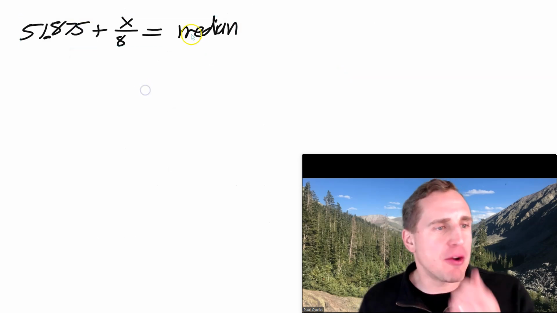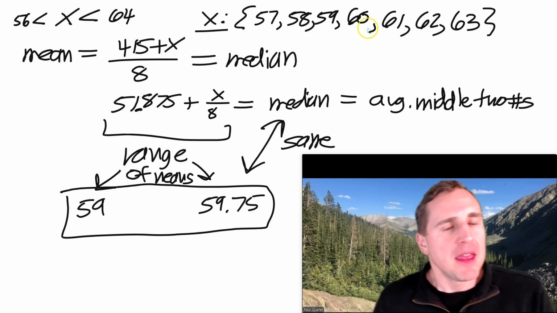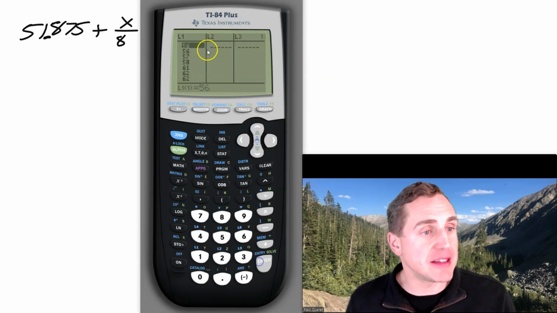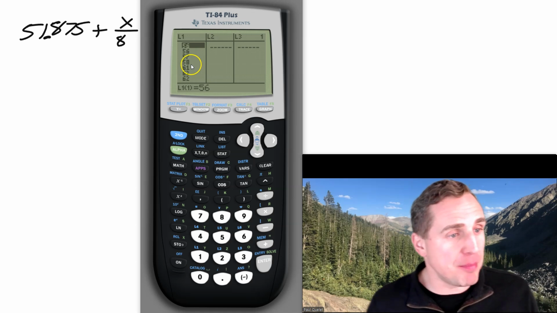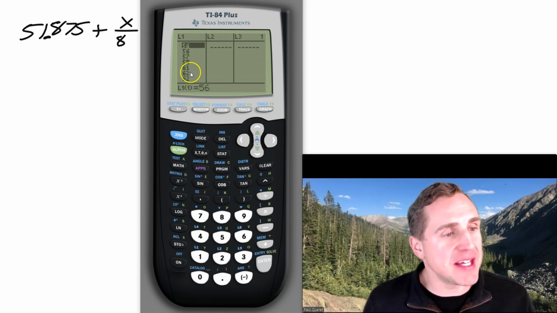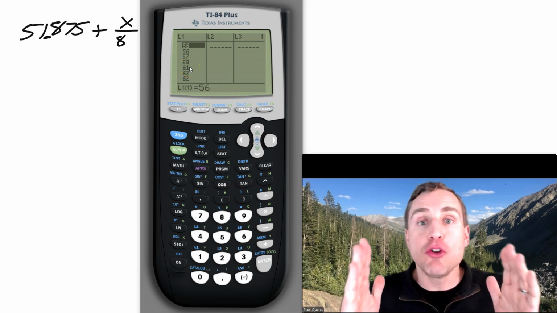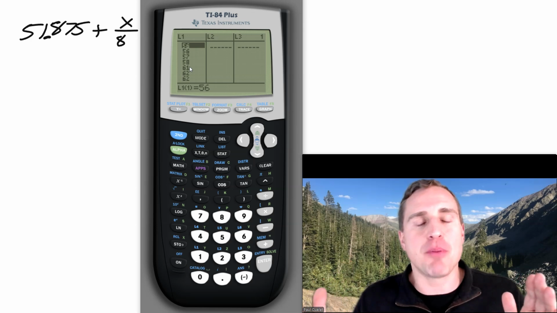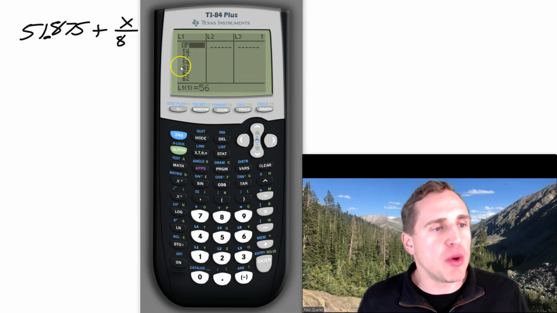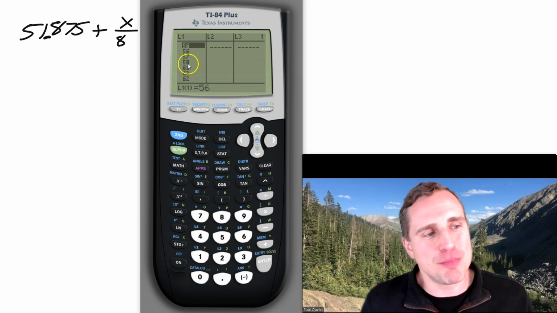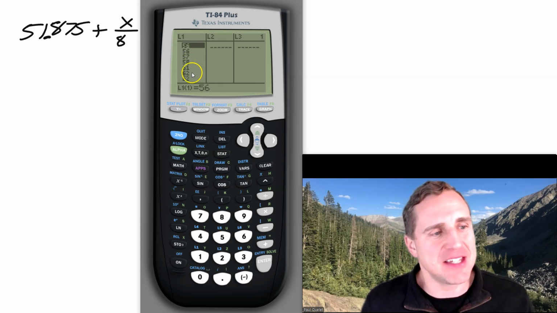So on the next slide, remember, the median has to be paired up with the 58 somehow or the 62. No, sorry, I knew the mean had to be between 59 and 59.75. So if the mean is around that and the median is going to be the same number, I know that the unknown x value should be between 58 and 62.